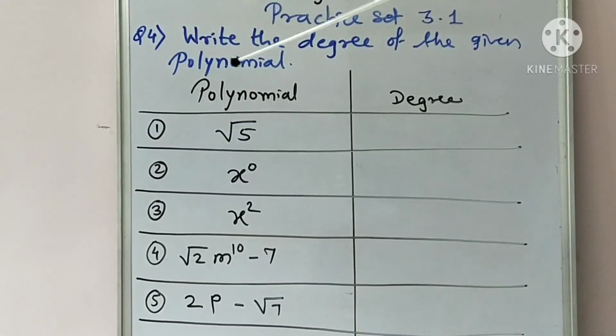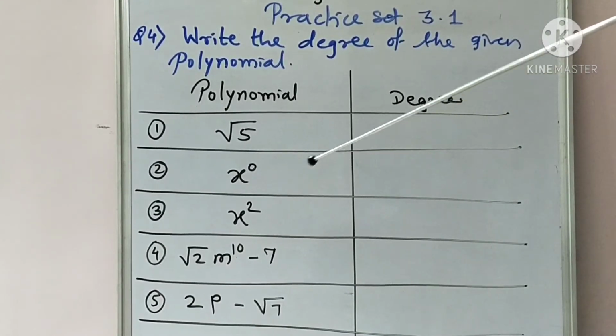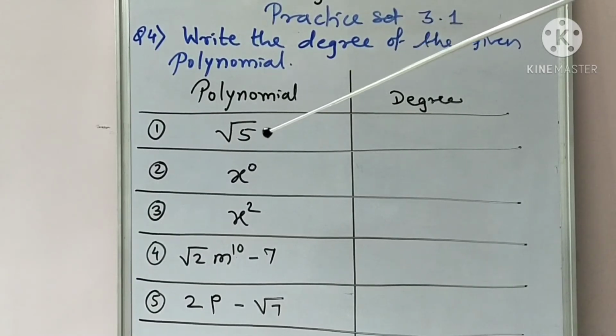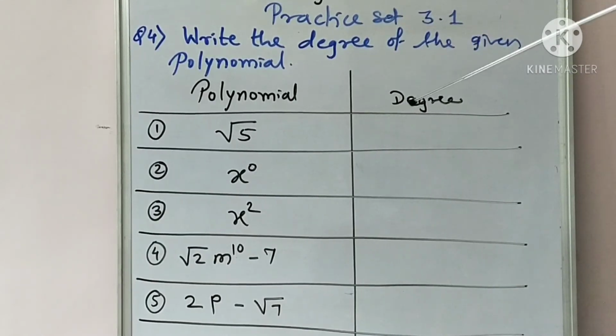Fourth question is, write the degree of the given polynomial. So here we have been given some polynomials and we have to write down their degree, means the highest index or the highest power of the variable. So first example, the polynomial is root 5, means it's a constant polynomial, and for a constant polynomial the degree is what?